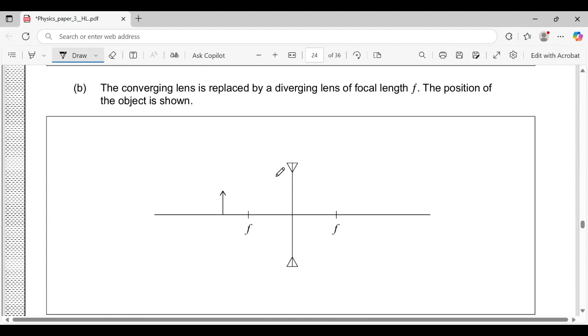If the object is here, the ray goes like this, going to here, and then from this focus, this focal length, and after that, from this object through the center, to F here, and the image here.